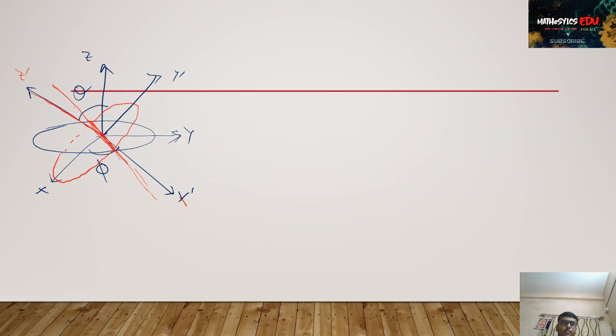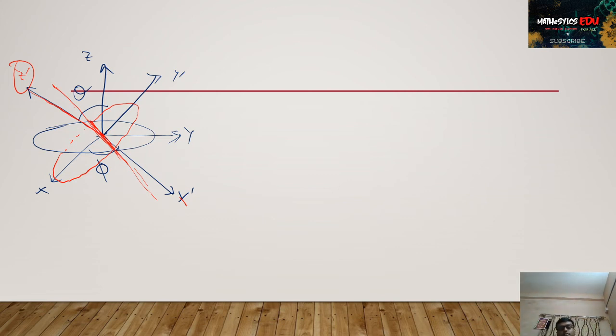Now in that way, z dash is obtained from z by rotating about the nodal line. Now what has remained the same? The direction of x dash and y dash is just inverted. Okay, they have gone up.